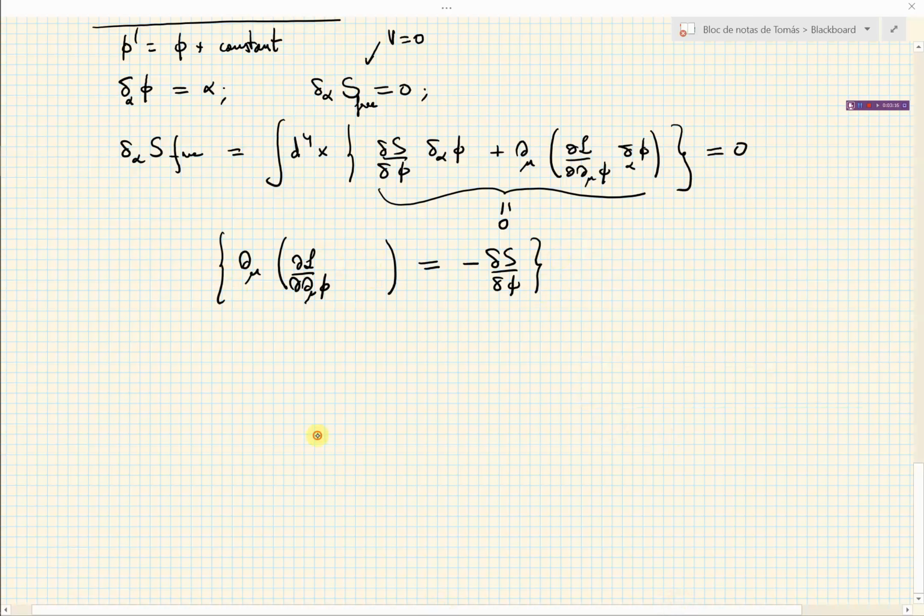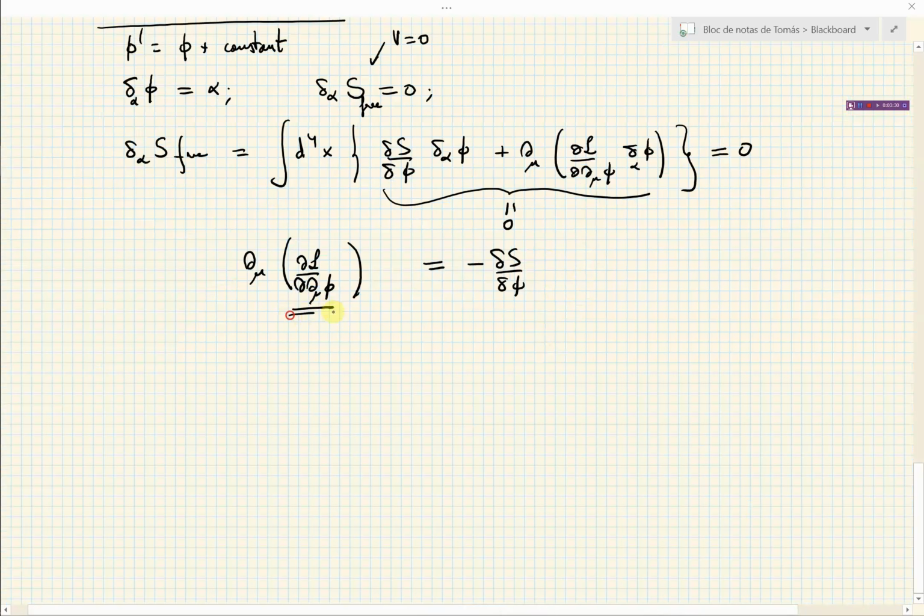And if this is satisfied for every value of alpha, then this is satisfied when we remove alpha and we get this identity. This means that if we call this derivative j mu alpha, because it is associated to the symmetries delta alpha, then we find that d mu of j mu alpha, so the divergence of this object, which is called a current, vanishes on shell.